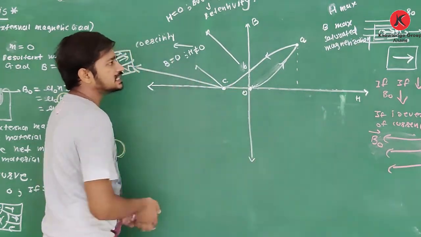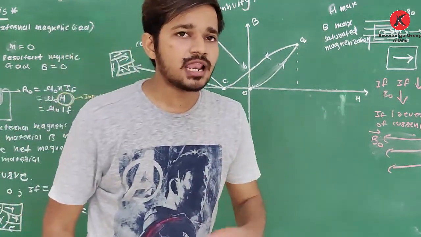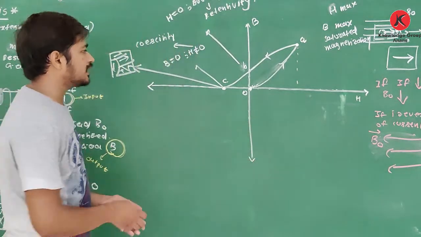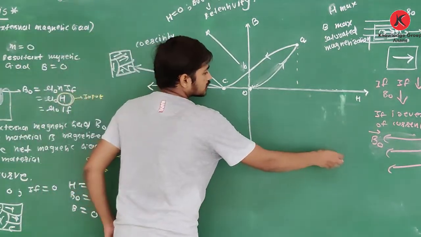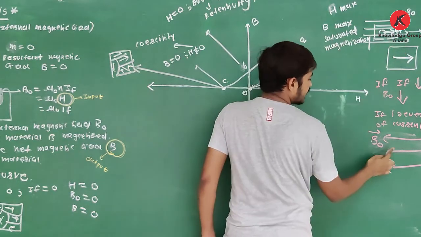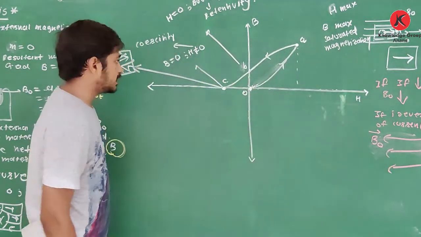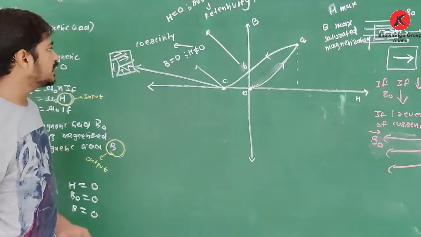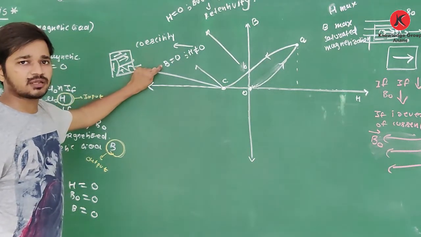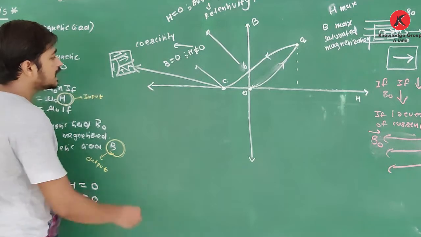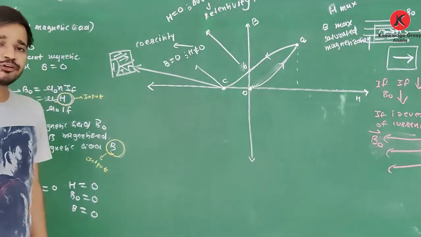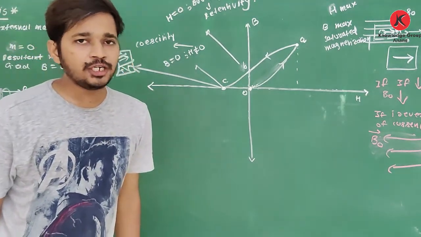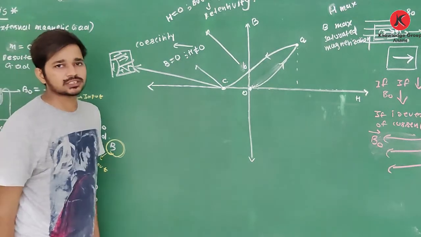the magnetic field inside the ferromagnetic material reduces, because the magnetic moments and the magnetic field are in opposite directions. So yes, it decreases, and at this point the resultant magnetic field inside the ferromagnetic material becomes 0. It is again demagnetized, but with a different domain structure. Clear about this?